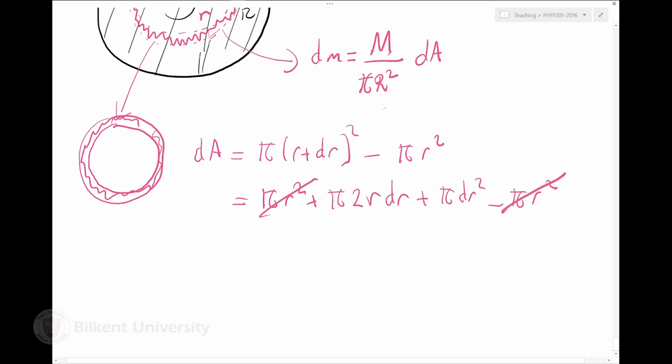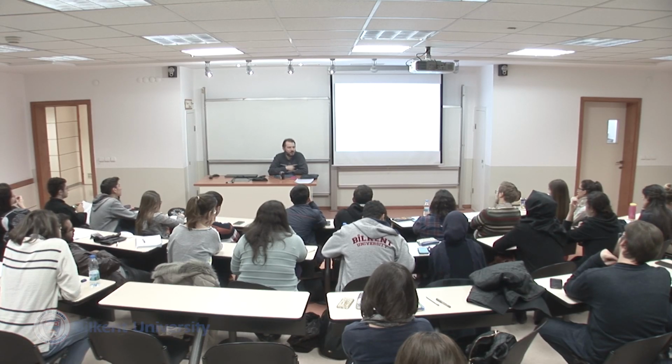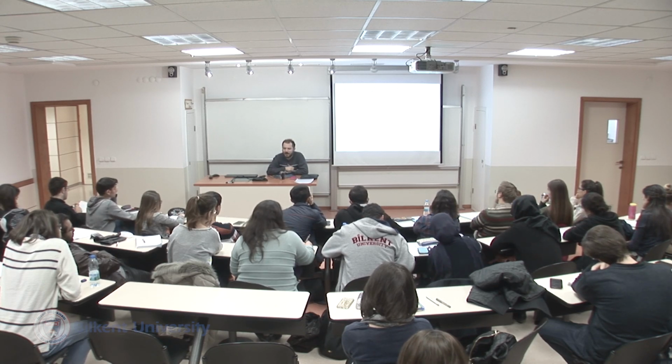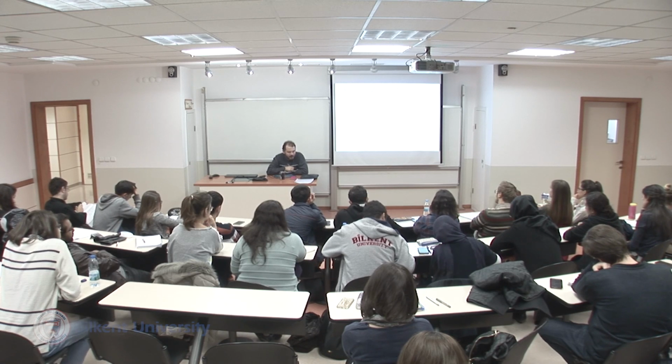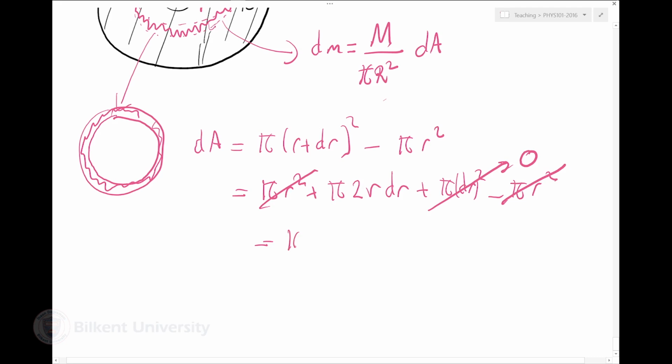Pi r squared is cancelled. Do you remember what I told you about differentials? A differential was a number smaller than any number you can think of, but not zero. So which of these are more important, 2r dr or dr square? 2r dr is much more important. Actually, you can just take dr square to be equal to 0 for differential. So 2 pi r times dr is going to be my area.